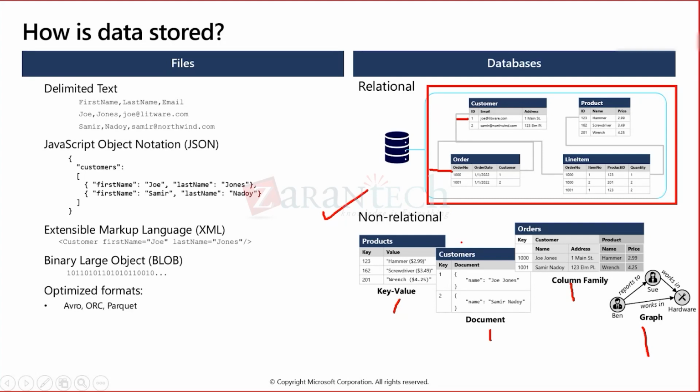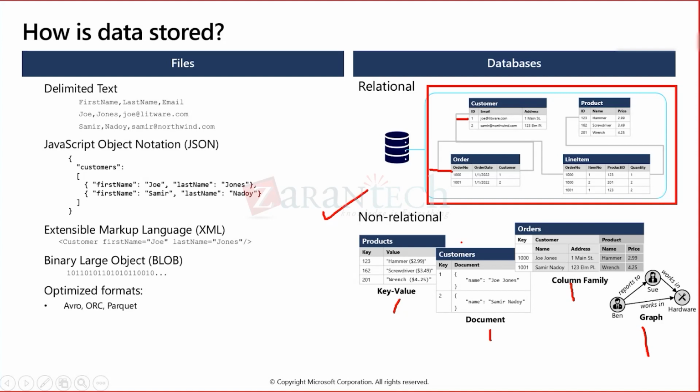But even though they are NoSQL, they support a variant of SQL, structured query language. That is the beauty. Generally, these are the four popular non-relational databases: key value database, document database, column family database, graph database.